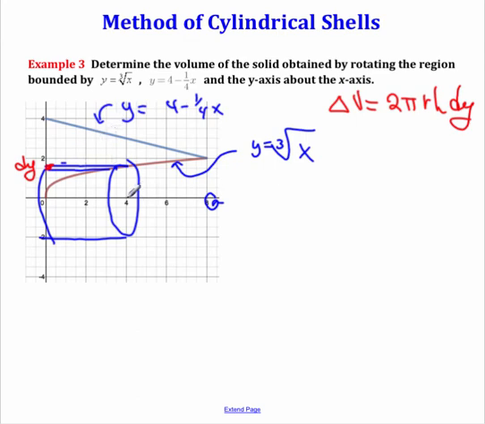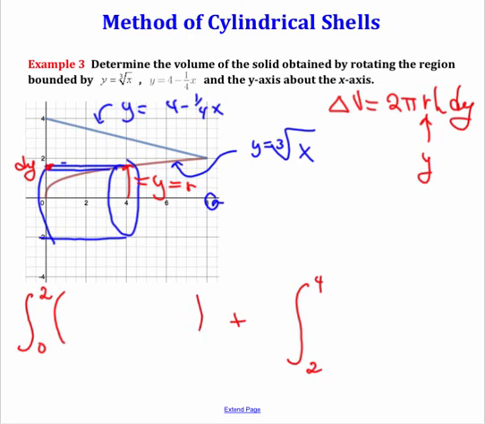Our radius is going to be the y coordinate. And what's going to change is the height definition. So we'll have to set up two separate integrals. So the first integral is going to go from 0 to 2, and the second integral is going to go from 2 to 4. They're both going to be in terms of y.